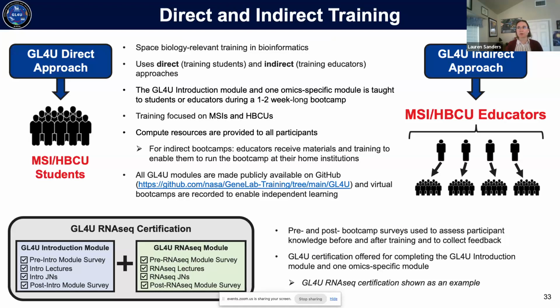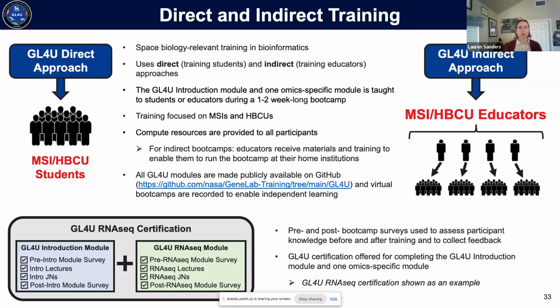We also offer direct and indirect training. Our direct approach is we train students. The other one is where we train educators, so the educators are able to take those materials and run the boot camp themselves at their home institution.